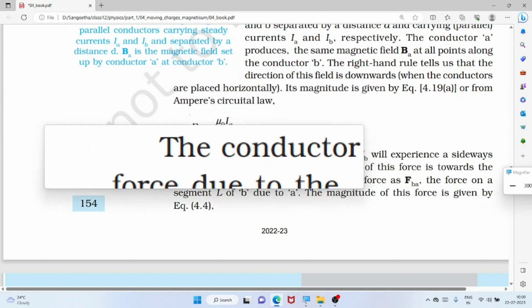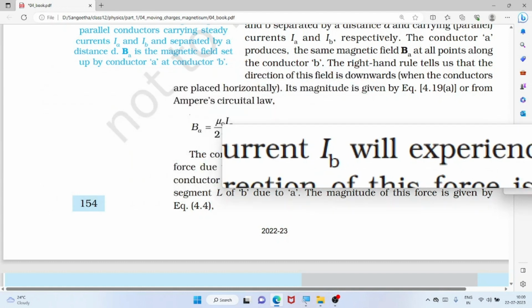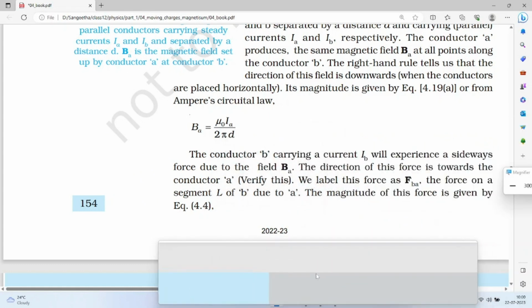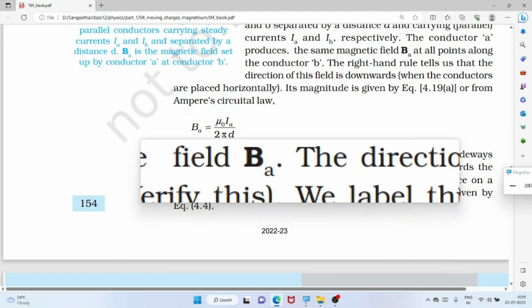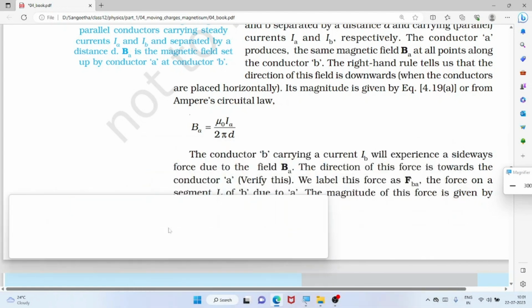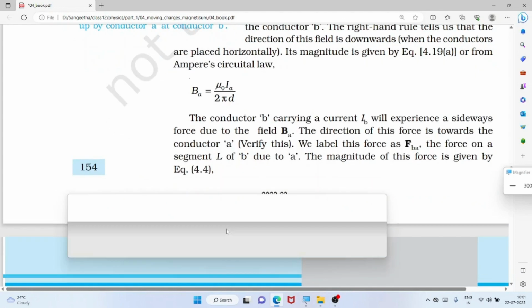The conductor B carrying the current IB will experience a sideways force due to the field of wire A. The magnetic field B is the magnetic field due to wire A. Current carrying wire A, the direction of the force.